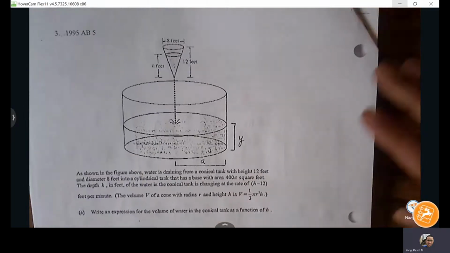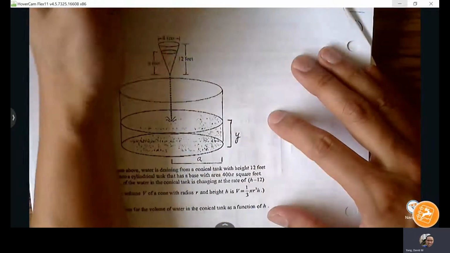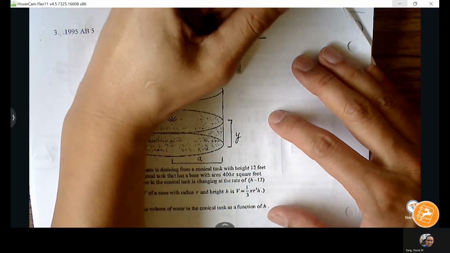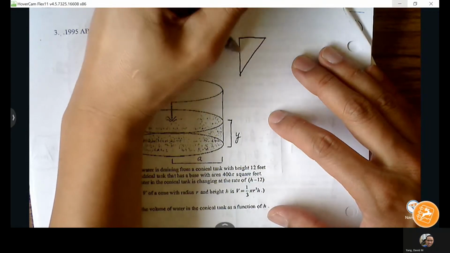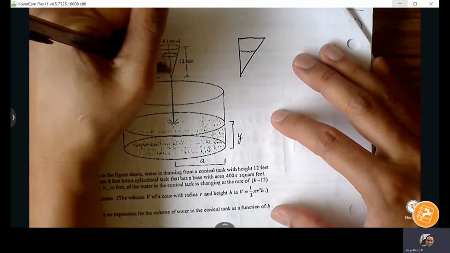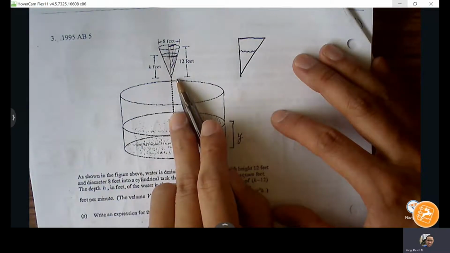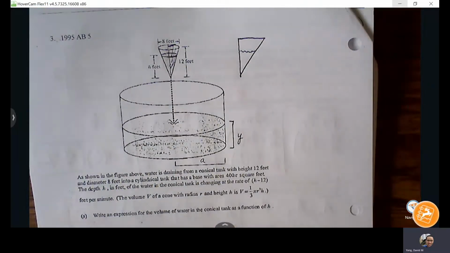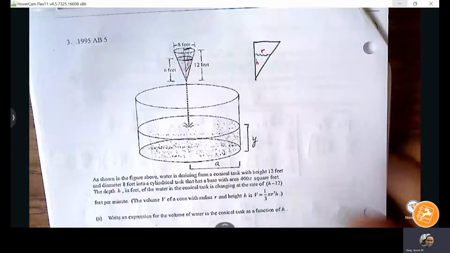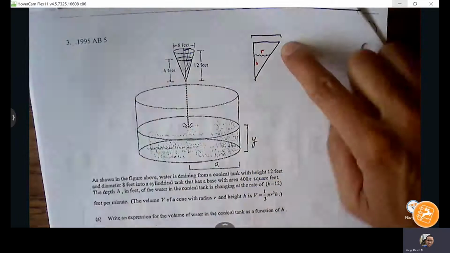Okay, so I'm going to start off with a diagram and see if you guys can make some progress here. I'm just doing a cross section of my cone here. Okay, what can I put up here?